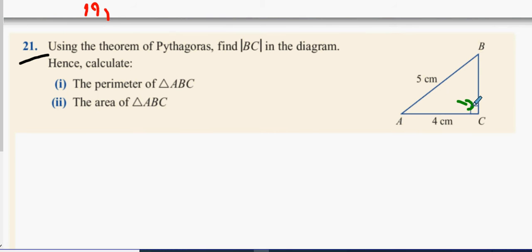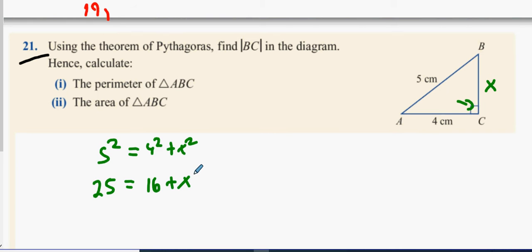Okay, we got that? So, 5 squared equals 4 squared plus x squared. That's x. 25 equals 16 plus x squared. 9 equals x squared, x equals technically plus or minus 3, but which answer does it have to be? It has to be plus 3, doesn't it?